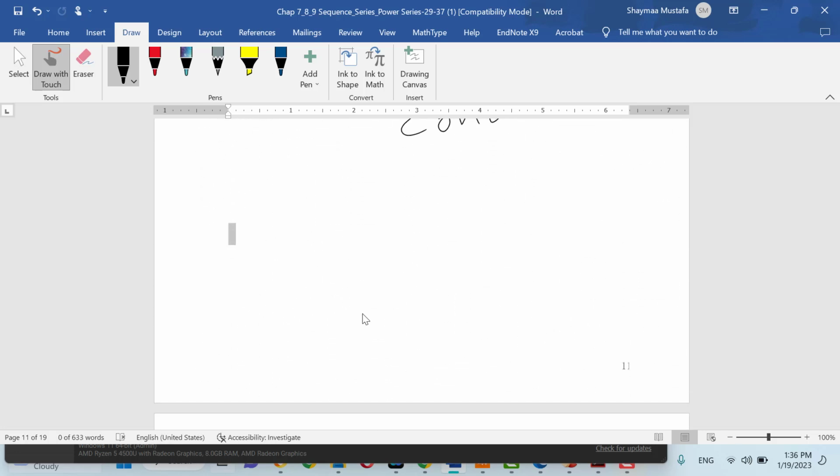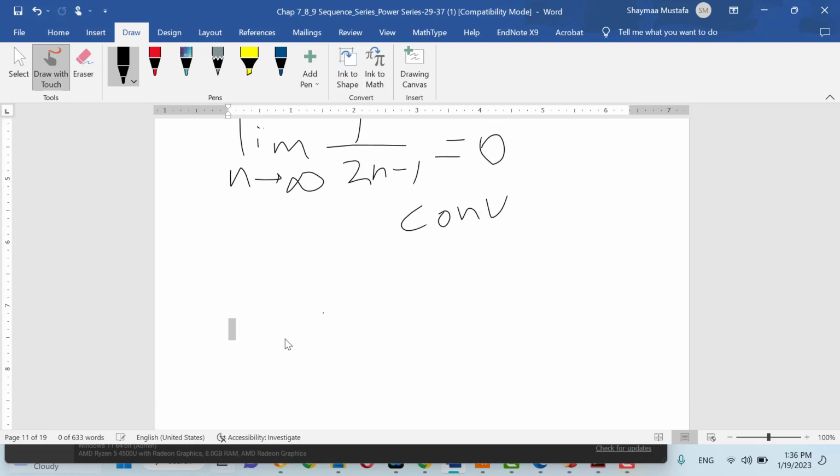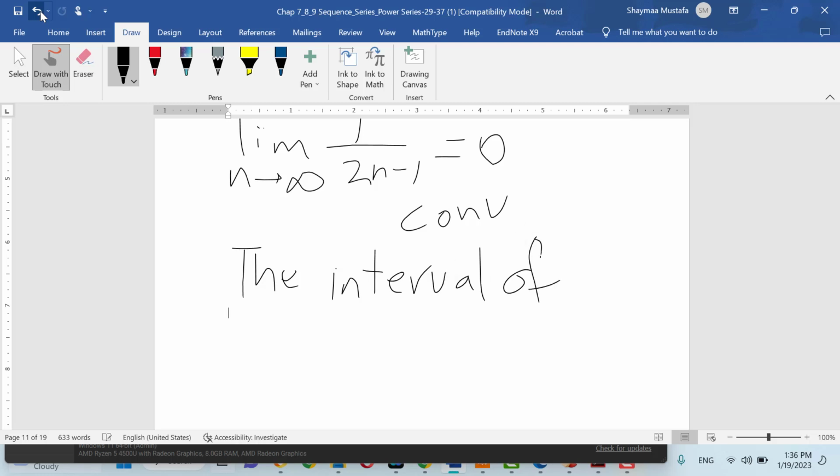So the interval of convergence here is from minus 1 to 1, including also the point minus 1 and the point 1.